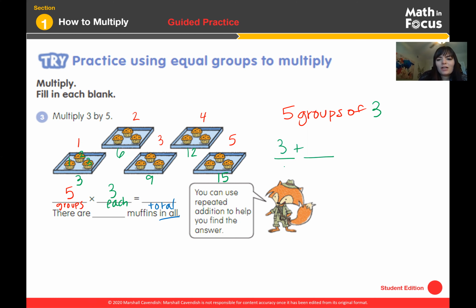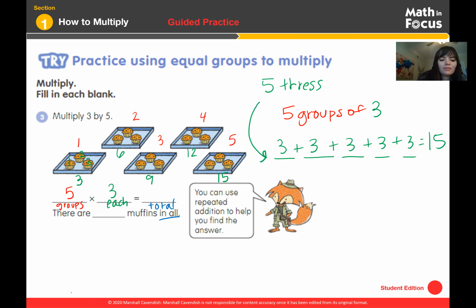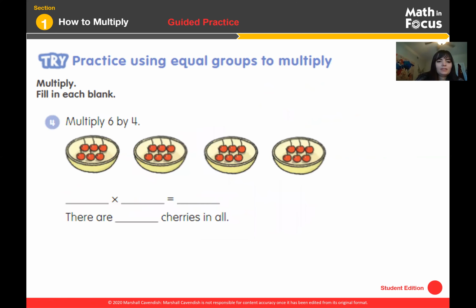If I have 5 groups, I'm going to have 5 threes. I have 1 3, 2 3s, 3 3s, 4 3s, 5 3s, and that'll equal 15. We have 15 muffins in all, 15 muffins total. Awesome. So there we go. We know that one. Let's go to the next one.